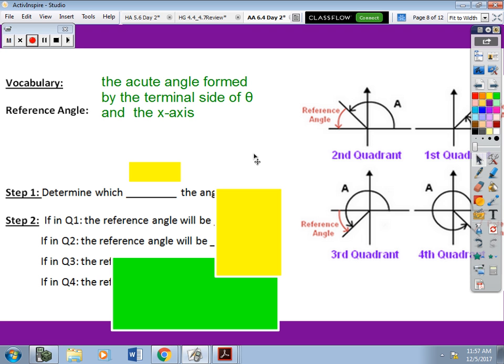So it's going to create a right triangle just like we did yesterday, touching the origin and touching the x-axis, and it's going to be that angle.